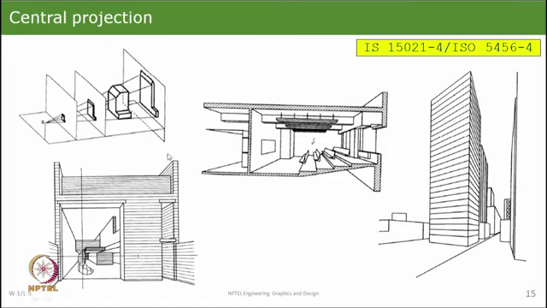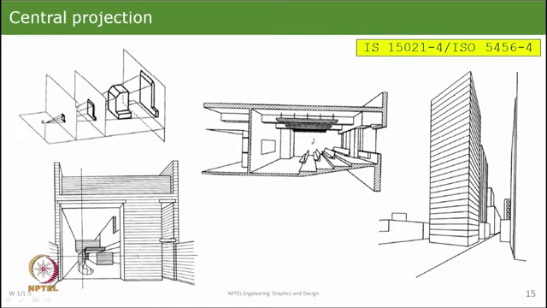What we are saying here is that this is the object, we are seeing the object from this point, and we could put, between us and the object, a sheet of glass, which could be this one. Then I keep seeing it with my head stationary, and I sketch the outline of the object on this screen, which is, say, a glass. That is how you will see this object. You will make a drawing and you will find that certain lines of the object come here and all of them seem to have become smaller.